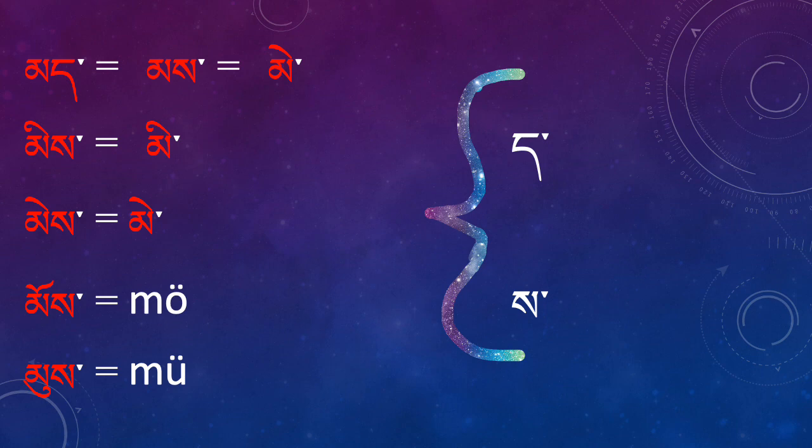So we saw that when we have a suffix, we usually keep the consonant letter. But when you have a suffix, ta or sa, it doesn't apply. It doesn't work like that.